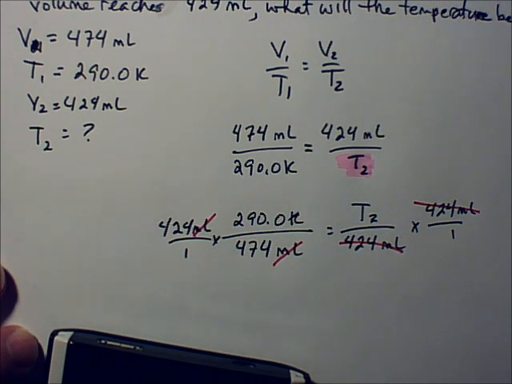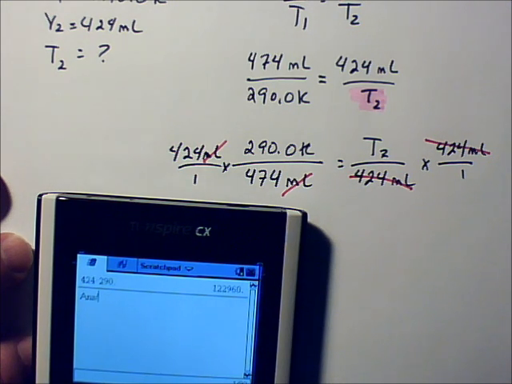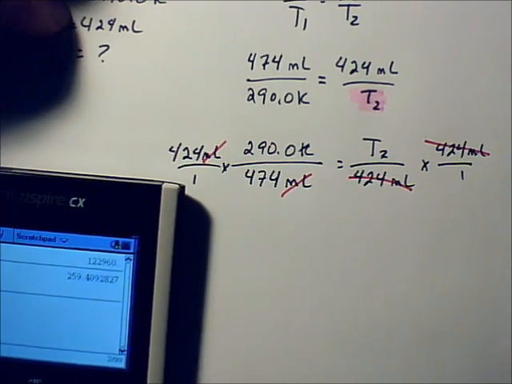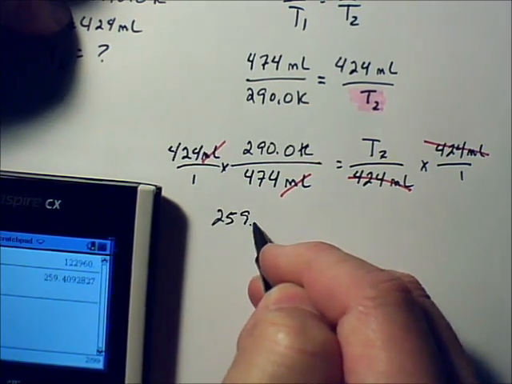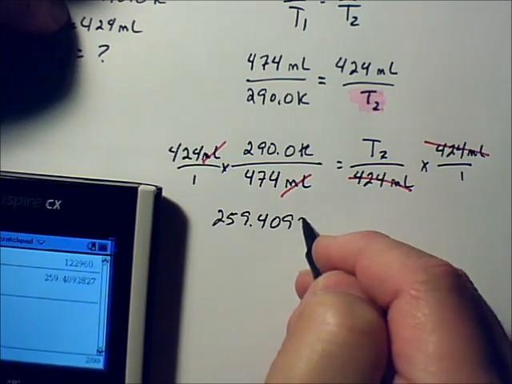So 424 times 290.0. Going to hit enter. Then I'm going to hit the divide button and divide by what's on the bottom here. Hit enter. And I get 259 and some other numbers after the decimal place. 259.4092827.